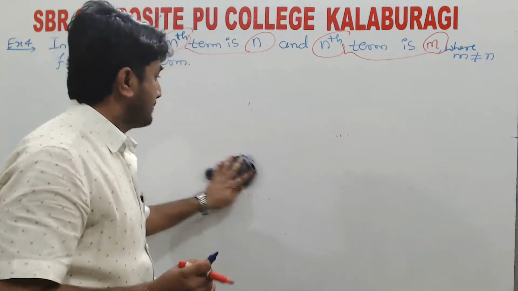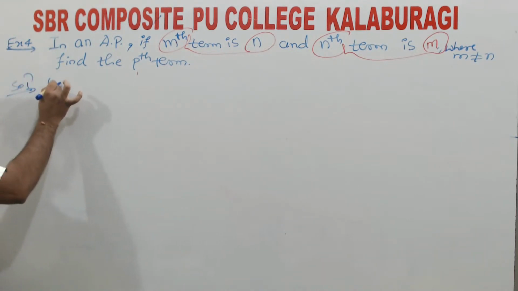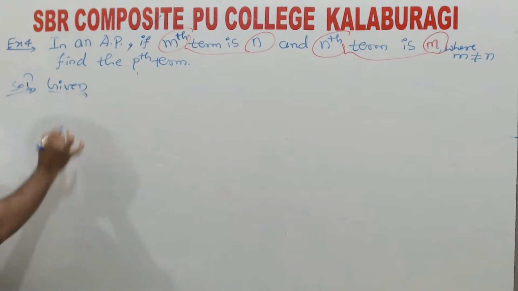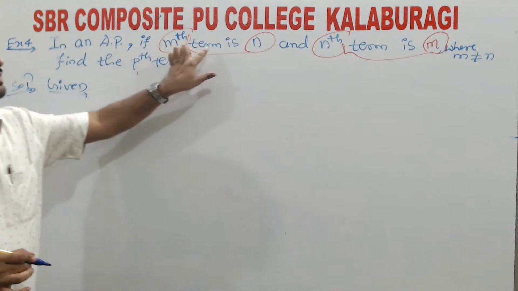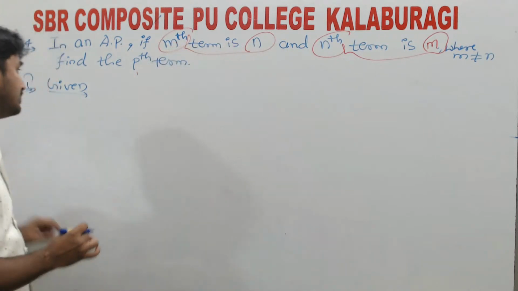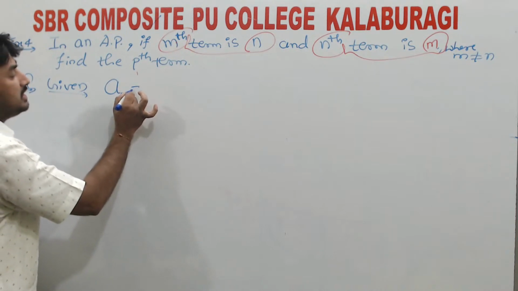Solution. Given: in an arithmetic progression, the mth term is n. I am writing the mth term, it means a m is equal to n.